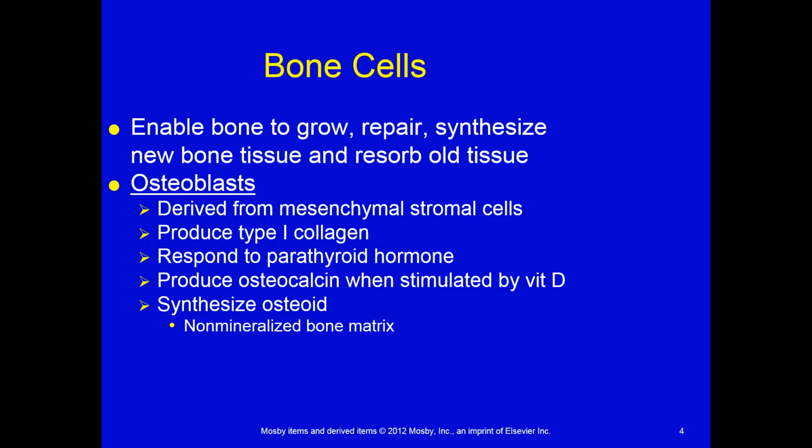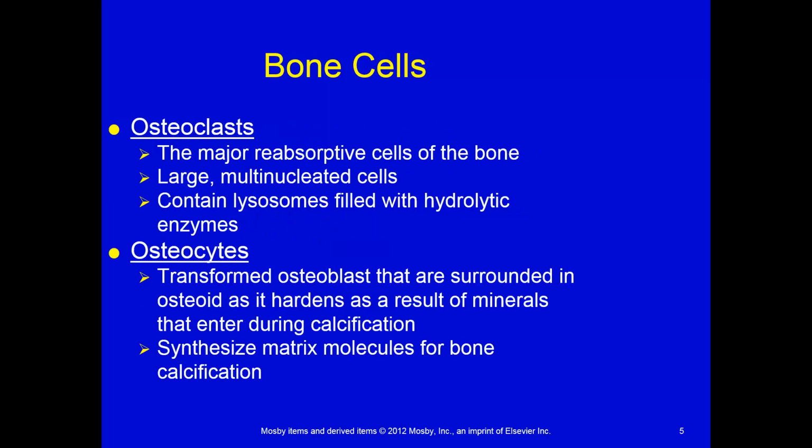They really are specialized fibroblasts that have both an active and a resting state. And it's in their active state that they're synthesizing the osteoid. Okay? So that's osteoblasts in a nutshell for you.